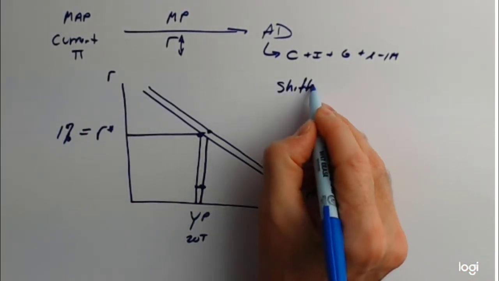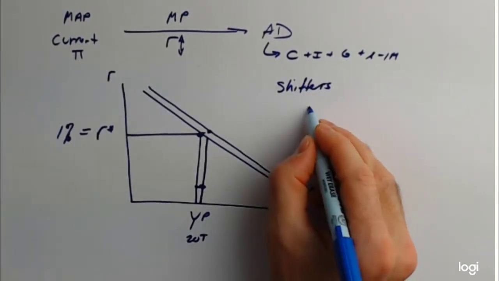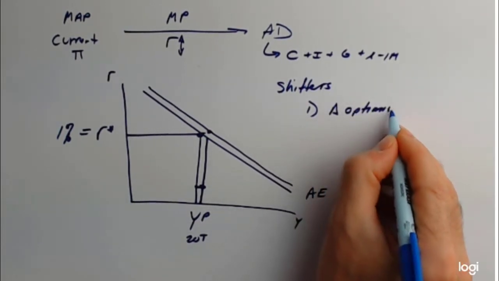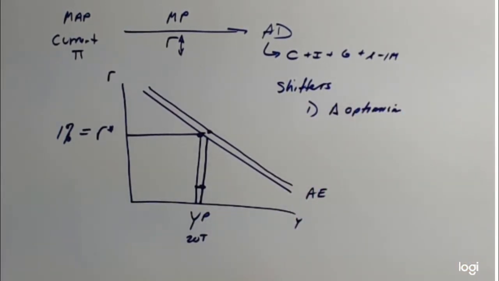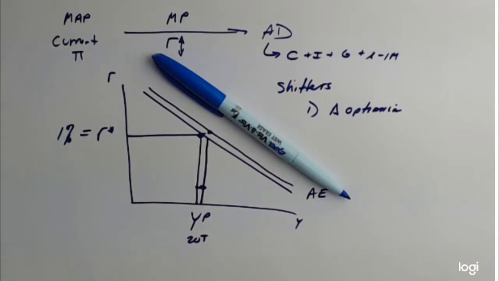What are the shifters of aggregate expenditures? Well, the first one would be a change in optimism or pessimism on the part of consumers and people in the economy. If we're more optimistic, it's going to shift that curve out to the right.